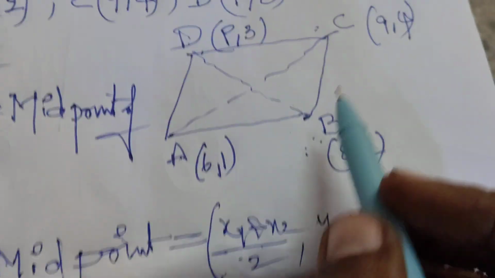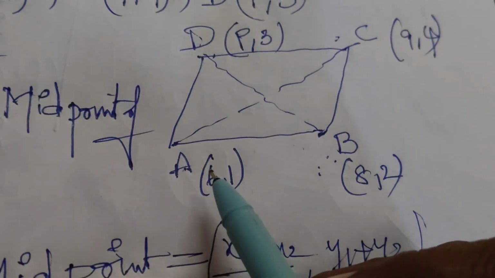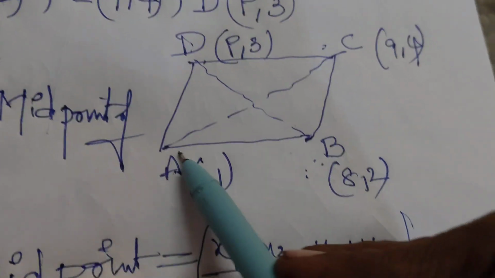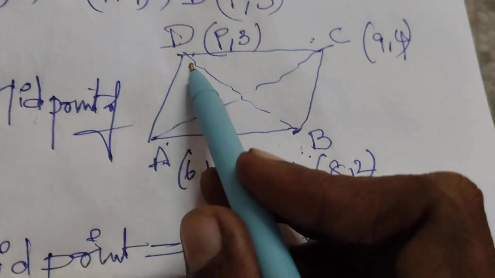In a parallelogram the condition is satisfied: the midpoint of diagonal AC equals the midpoint of diagonal BD.